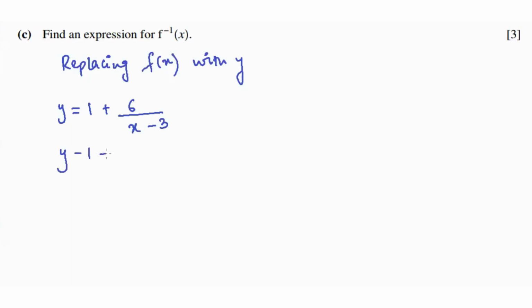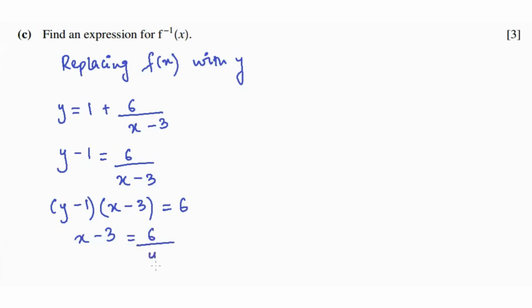So first we take 1 to the other side: y minus 1 equals 6 over x minus 3. Now we cross multiply: y minus 1 times x minus 3 equals 6. Now we take the y minus 1 to the other side, so it's 6 over y minus 1, and x is going to be 6 over y minus 1 plus 3.